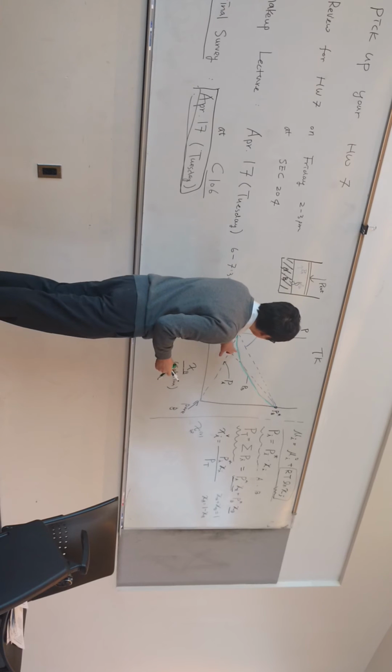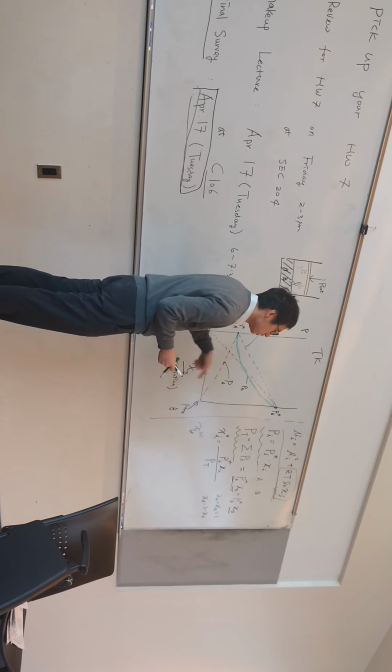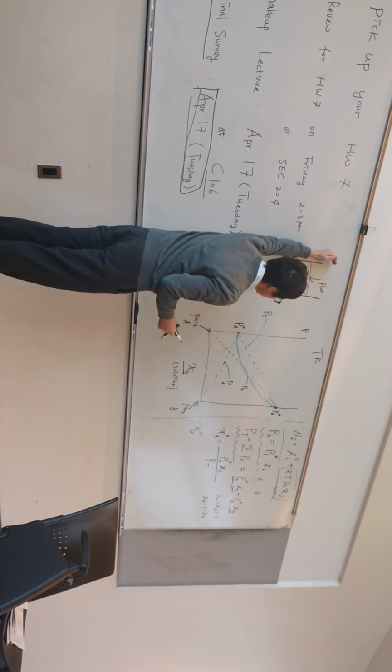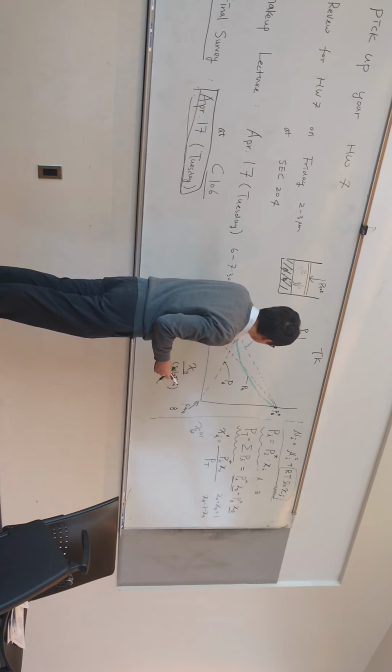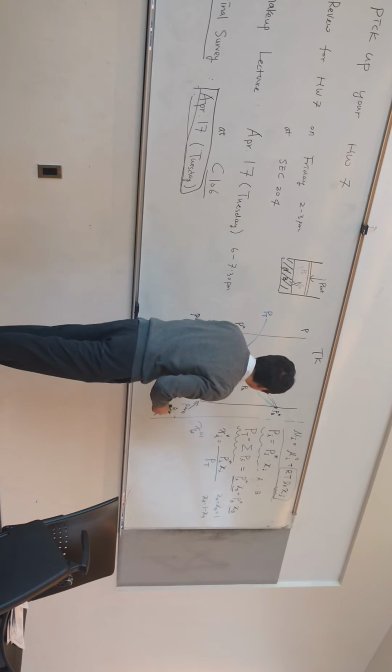So if you want to know the composition at a given pressure in the vapor phase, it can be described by this curve.